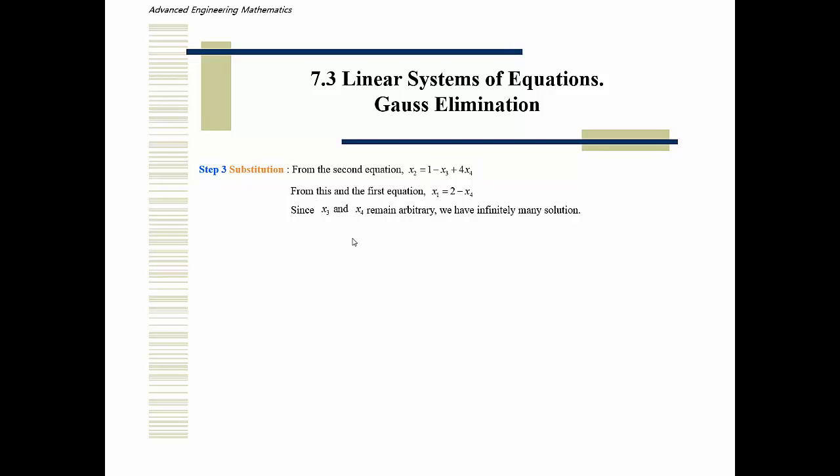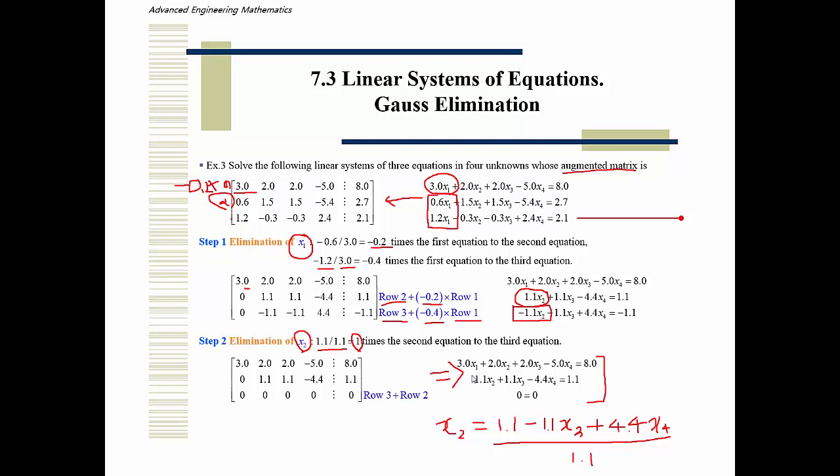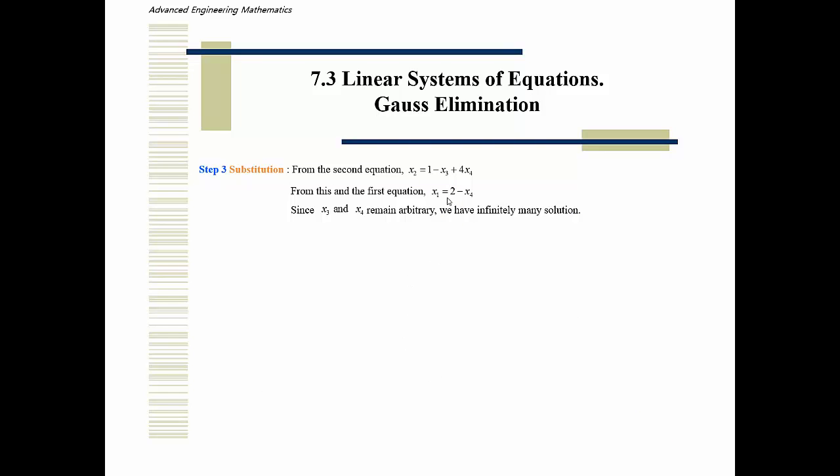And for the first equation, x2 can be substituted in the first equation, deriving the form of x1. x1 is equal to 2 minus x4, like this.